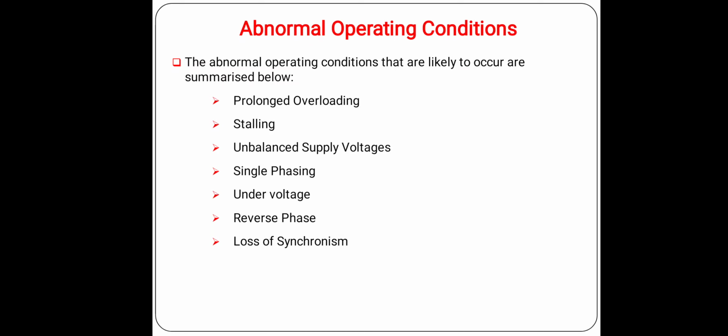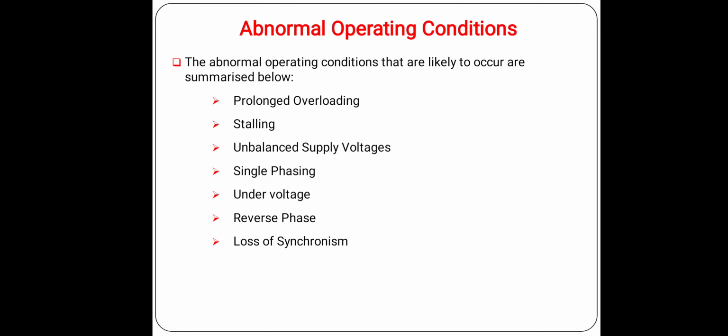Hence, overload protection should necessarily be provided in electrical motors irrespective of the type and size of the motor and the type of load being driven, as this abnormal condition depends on factors like size of motor, type of motor, and the type of load being driven.